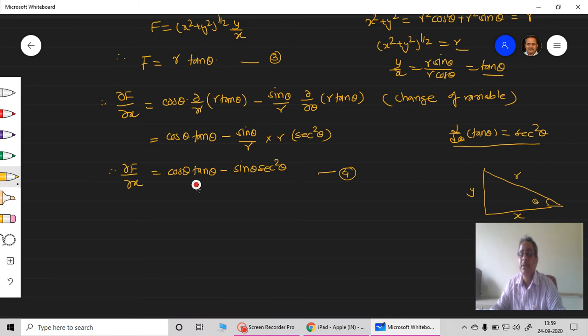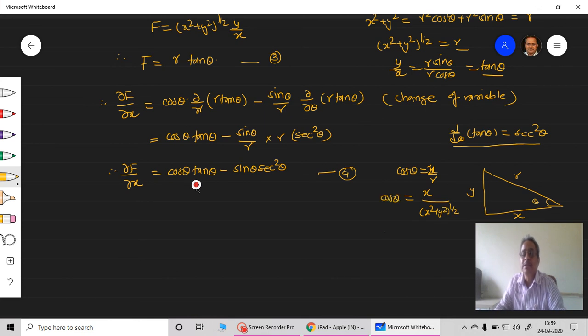Already we have seen r is given by root of x square plus y square, raised to half. So cos theta is x upon (x square plus y square) raised to half.